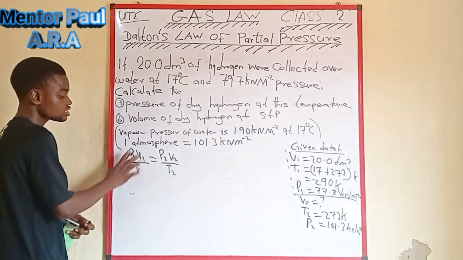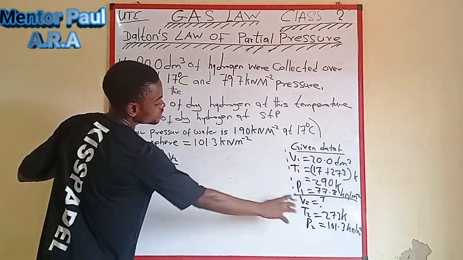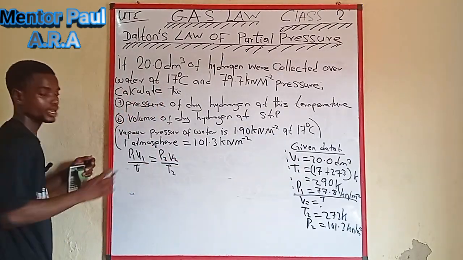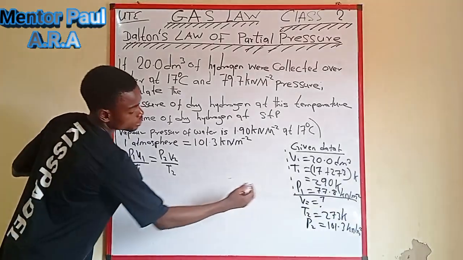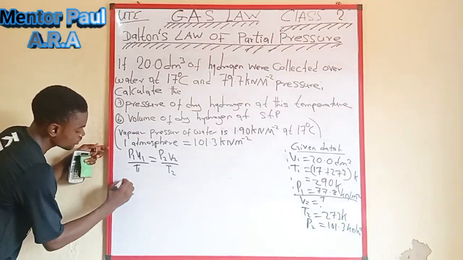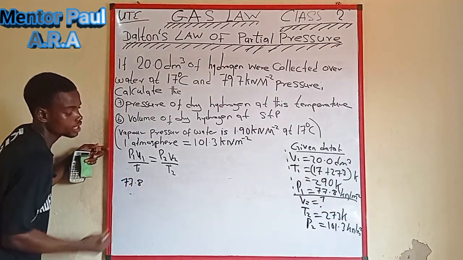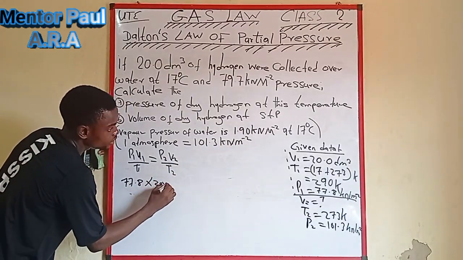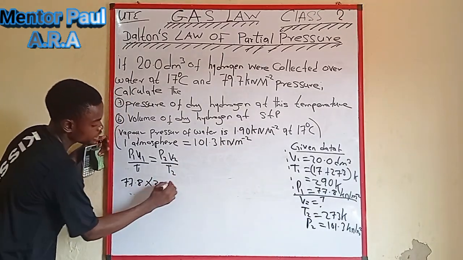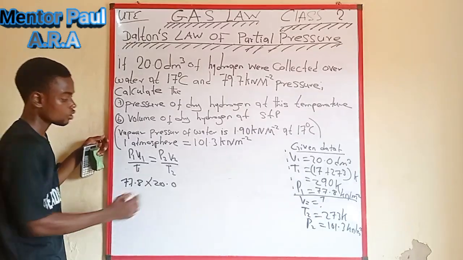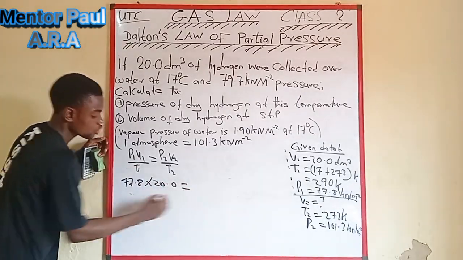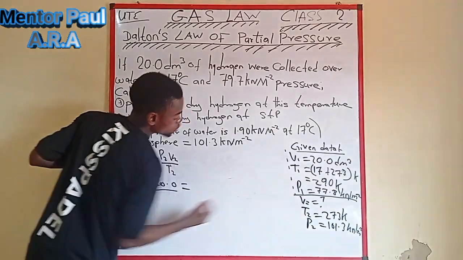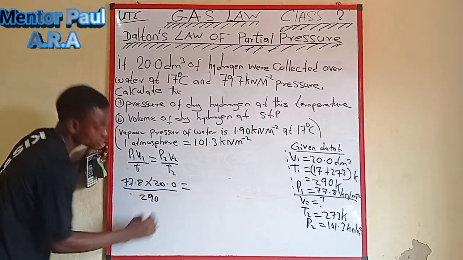All right, so this is what we have here. We want to substitute the variables that we have over here. Now, P1 is 77.8, so I have 77.8 multiplied by V1. What is V1? 20.0, let's put it as 20.0 because you might be confused. Now it's going to be equals, over T1, which is 290.